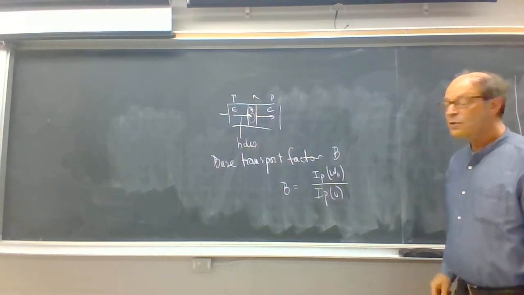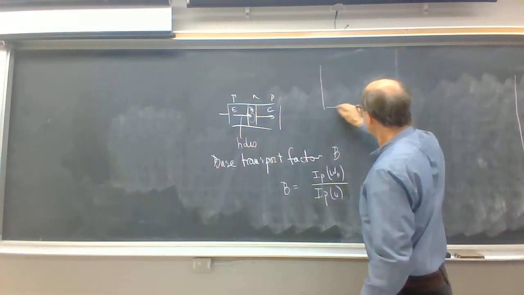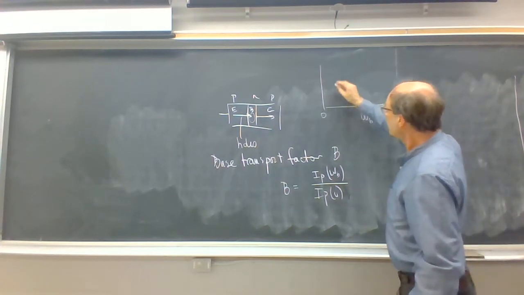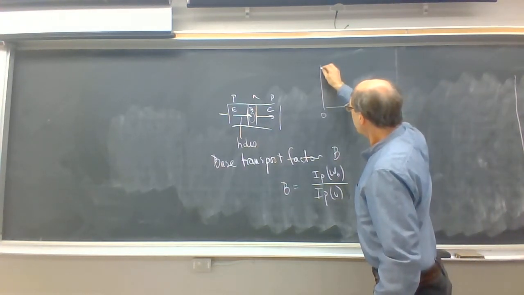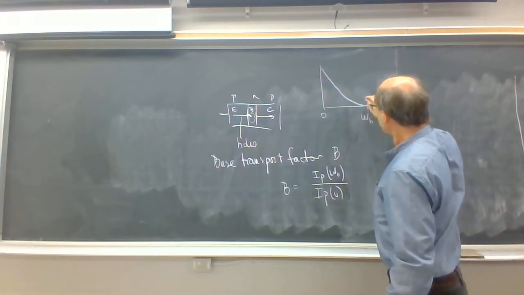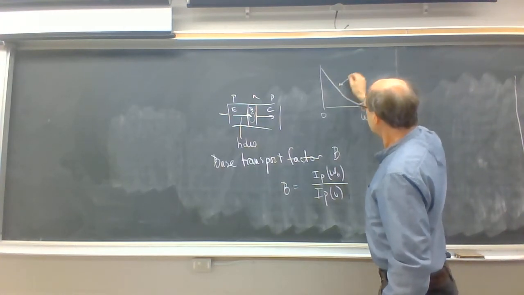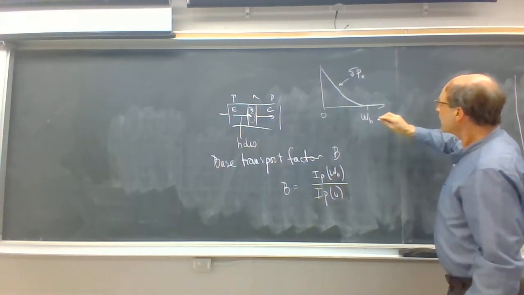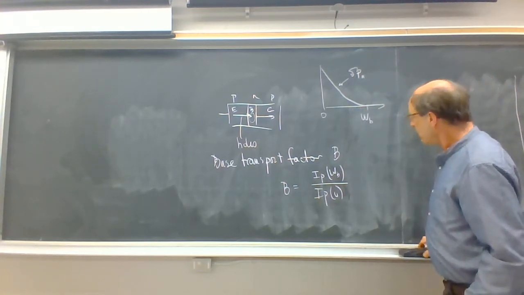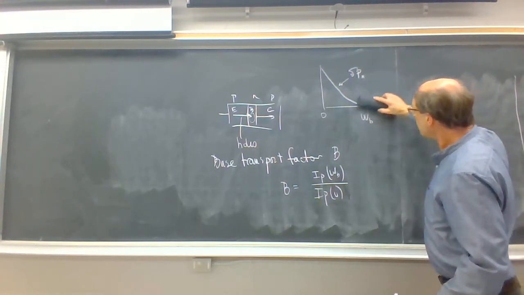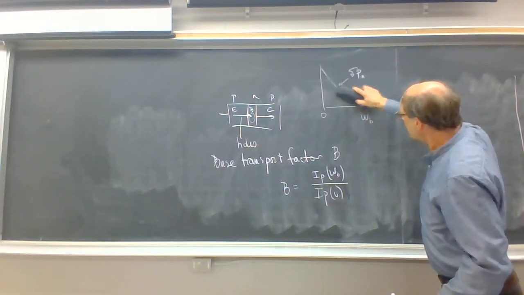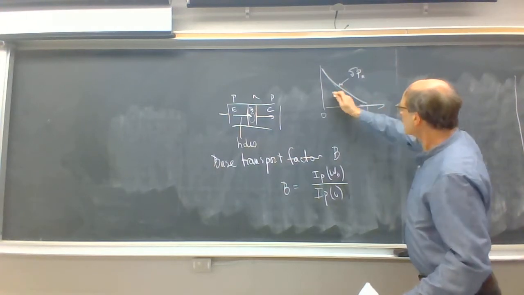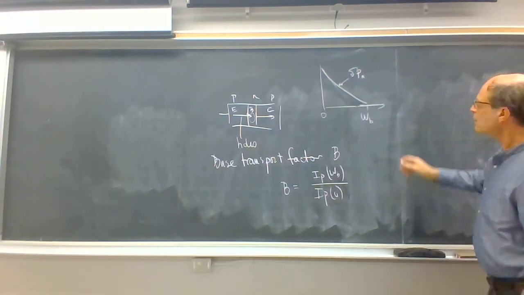So what this means is that within the base, which extends from 0 to W_B, we have a concentration of holes, delta P sub n, and that concentration of holes falls off with a change in slope from the one side of the base to the other side of the base.